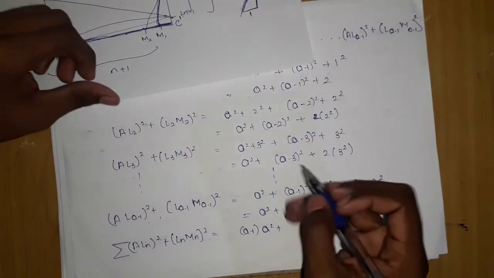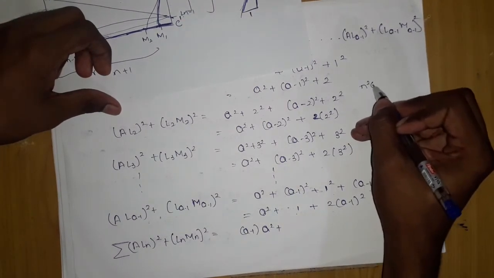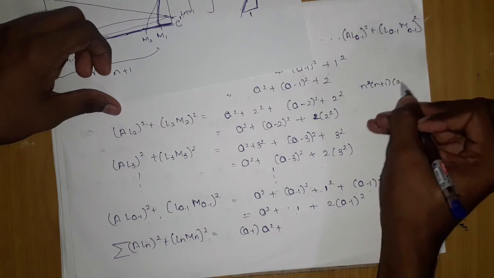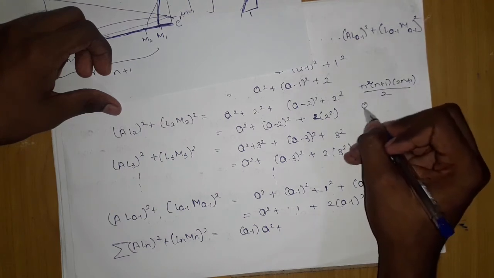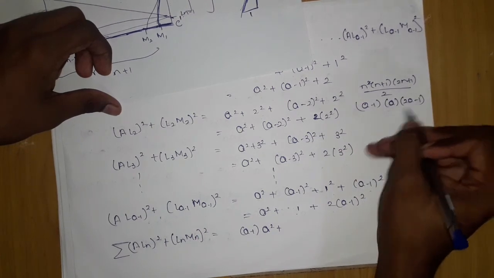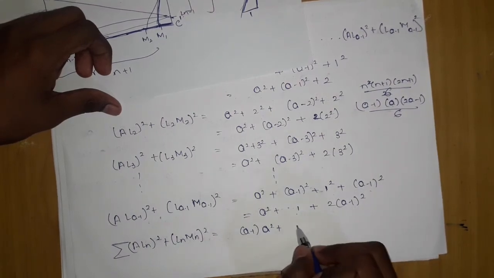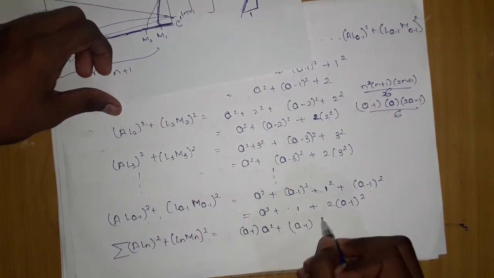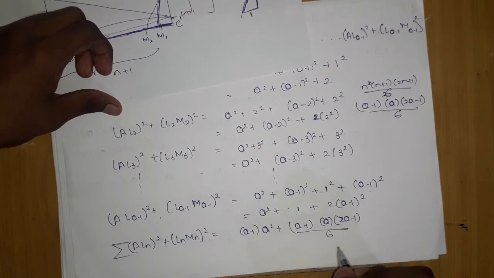I can use the formula n into n plus 1 into 2n plus 1 upon 6 for the sum of squares of natural numbers, and when I replace n by a minus 1, I get a minus 1 into a into 2a minus 1 upon 6.